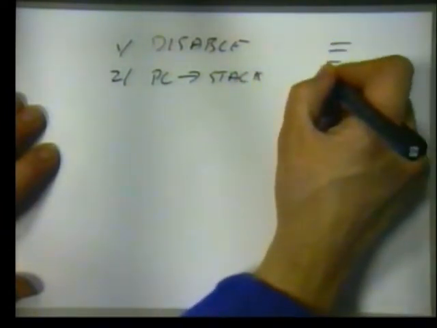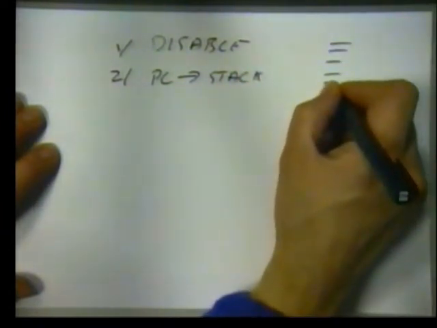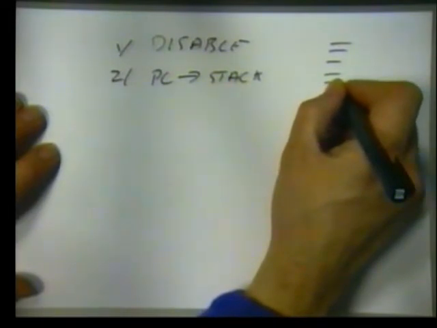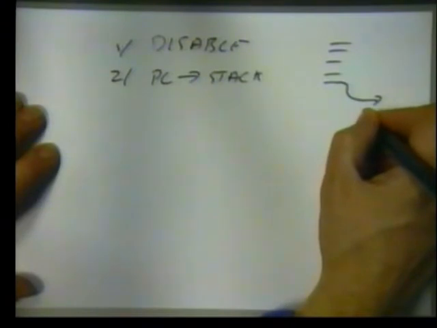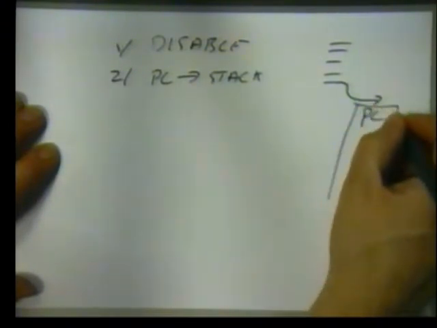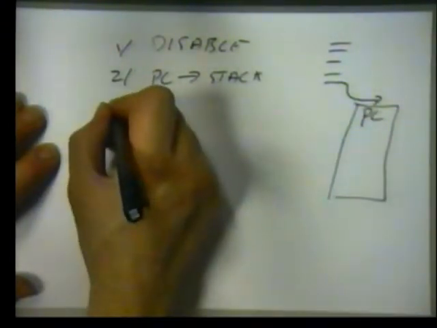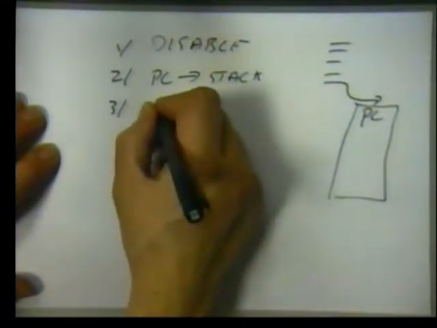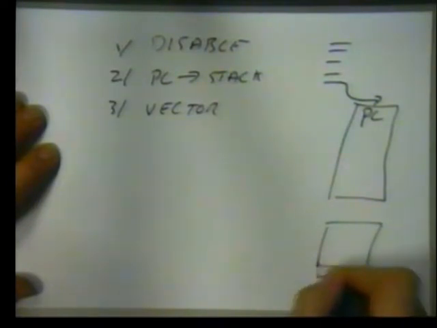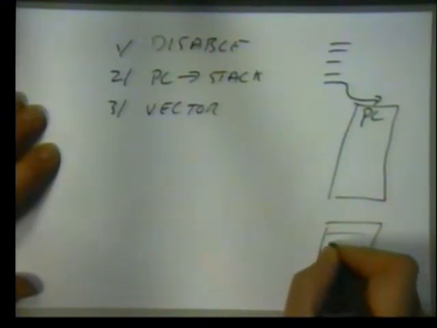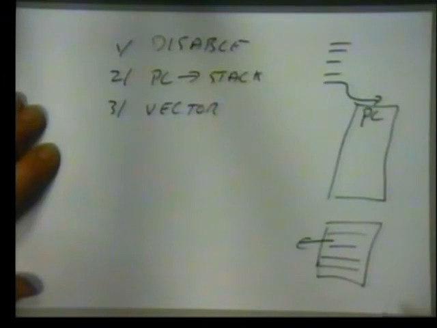So there we were running through our routine, and then the interrupt occurred. So that program counter must go into the stack. 3. We go to the vector table. The vector table is this other body of code, fixed, but it tells us where to go to.